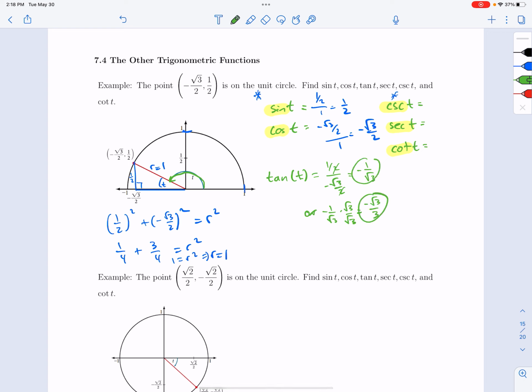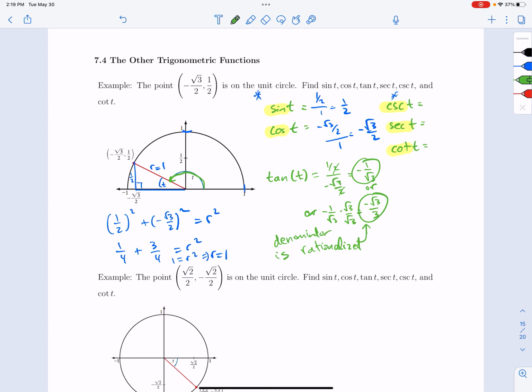So either way is okay, and this way we just say the denominator has been rationalized. That just means we don't have a radical or a square root in the denominator. But either of these is a-okay.